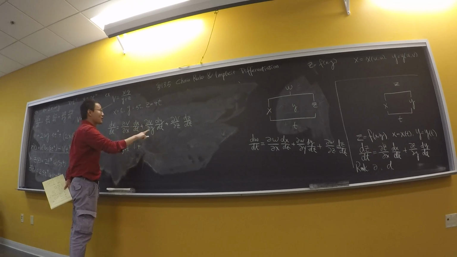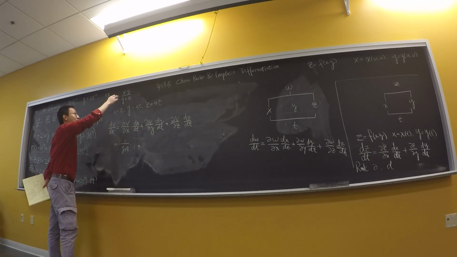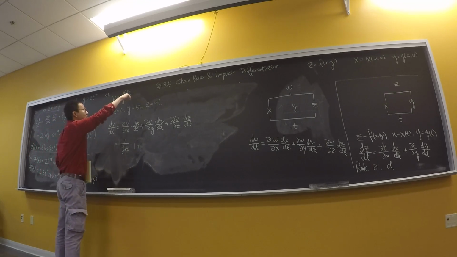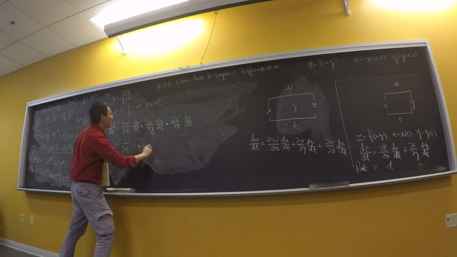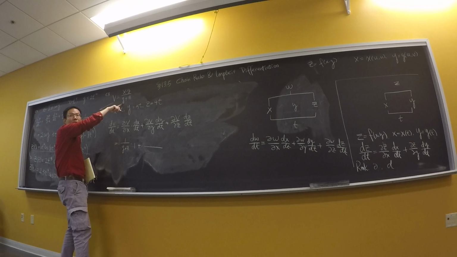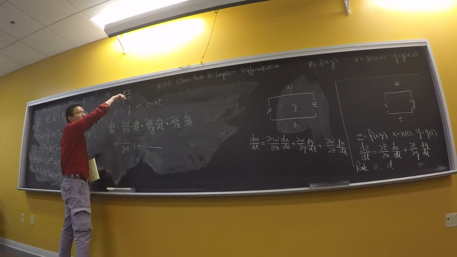Partial v, partial y requires slightly more computation. y is the variable, x and z are constant. What do you have? Would that be x minus 1 over y plus z? But I have the variable in the denominator as well. Right, so I have to use the quotient rule for this.